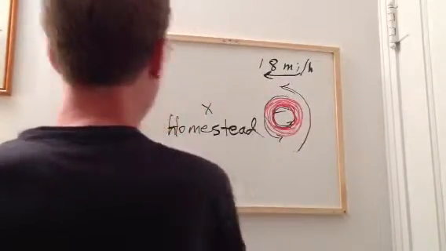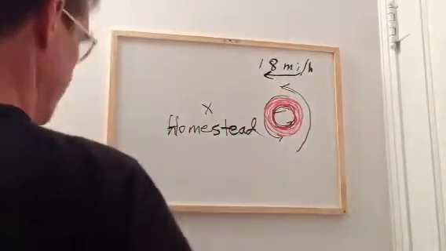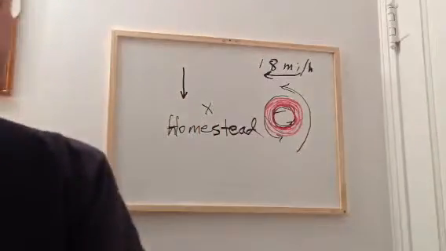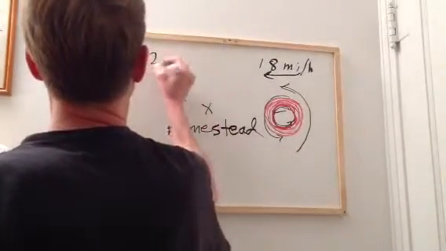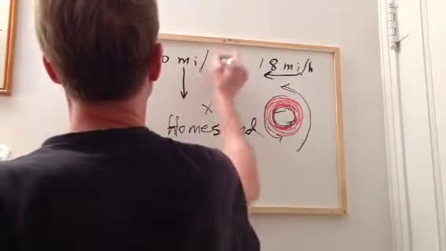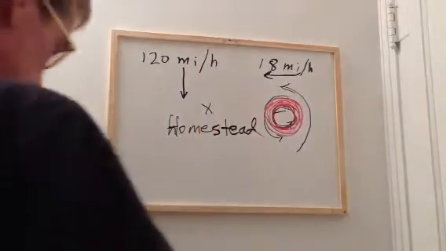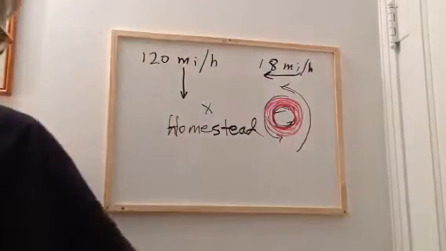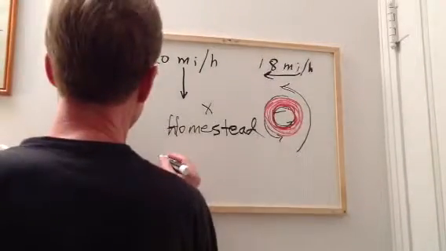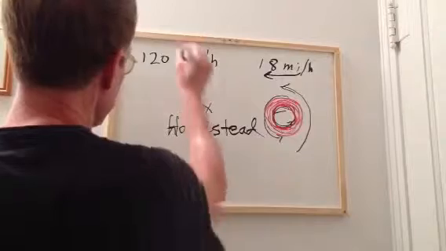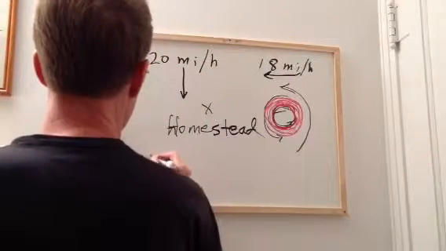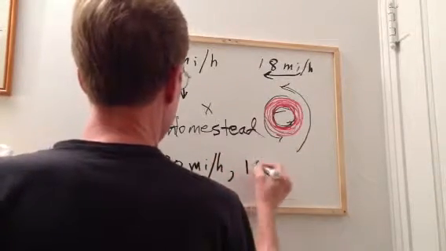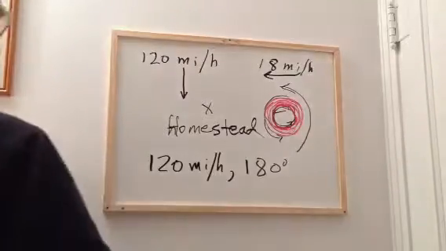During the first half of the hurricane, as it moved over me, the wind blew out of the north at a sustained speed of something on the order of 120 miles an hour. The gusts were probably more like 160 or 170, but the sustained wind out of the north at 120 miles an hour, so we'd call that vector, since it's going towards the south, we would call that vector 120 miles an hour, 180 degrees. That would be the wind vector.